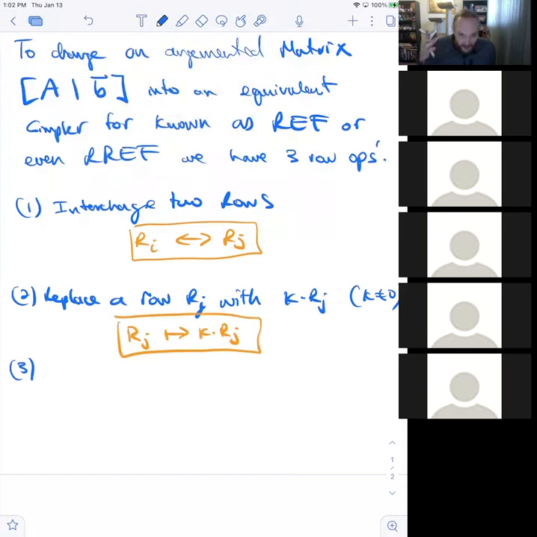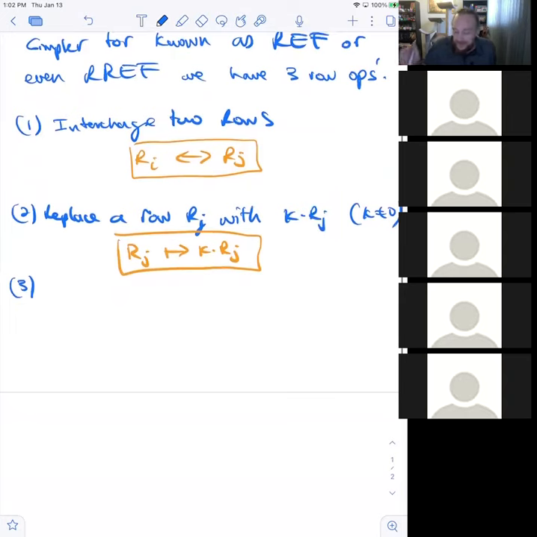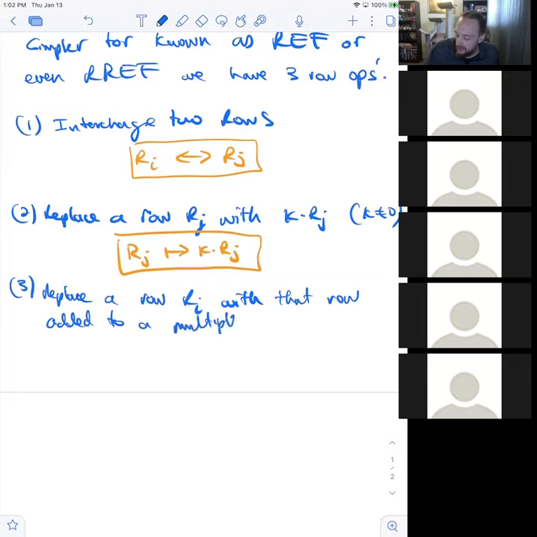And then the last one is the weird one at first, but it will also be extremely useful when we do determinant row operations, which look like row operations, but they're not quite the same thing. We can replace a row I with that row added to a multiple of another row.